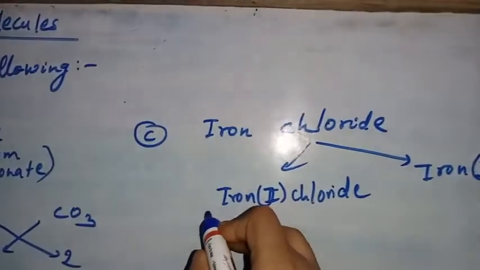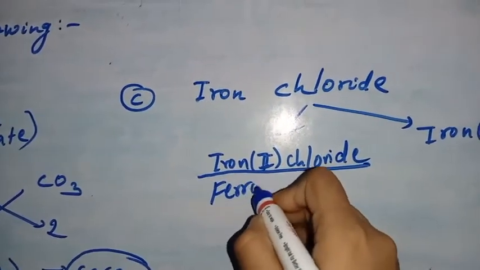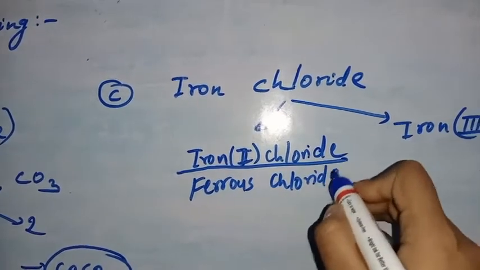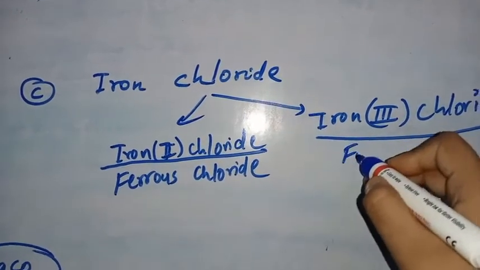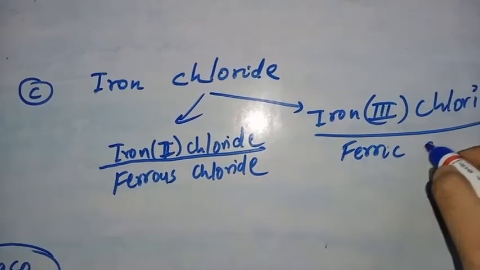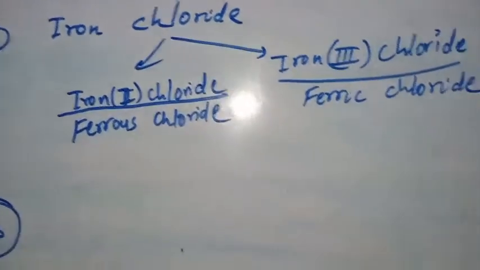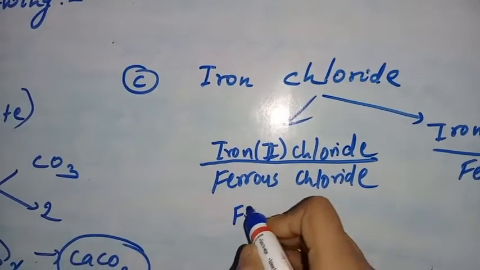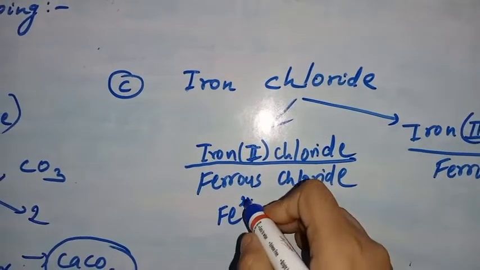If it is iron 2 chloride, it is called ferrous chloride, and if it is in the form of iron 3 chloride, then it is called ferric chloride.